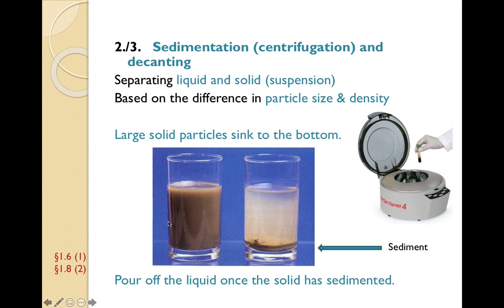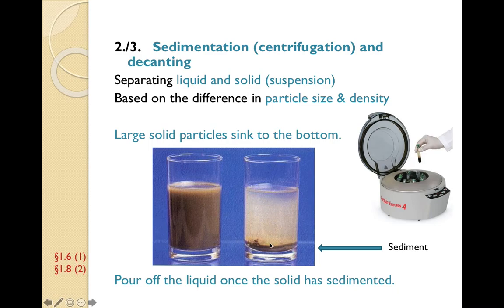Here you see an example with muddy water, and it's based on particle size, but also on density. If we let a suspension sediment, like we're doing here, the more dense particles, the mud, will sink to the bottom, and that's what we call sediment, and the water will stay at the top.